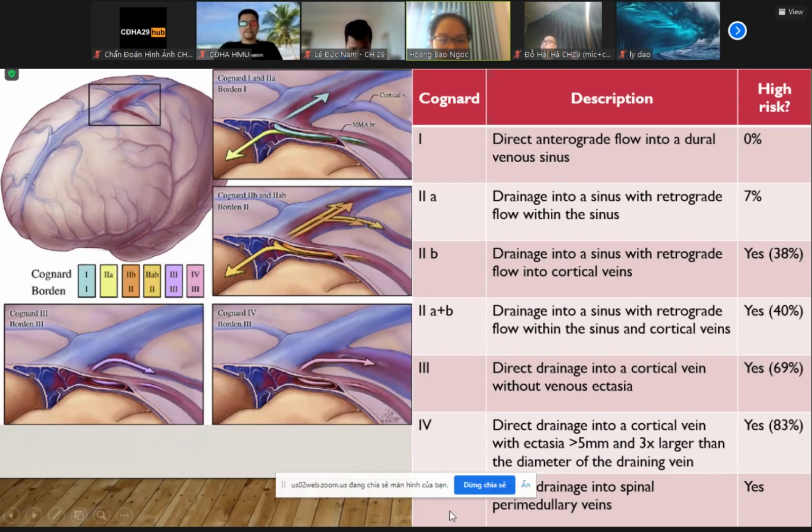And for type 5, there's a direct drainage into the spinal perimedullary veins. Studies have reported that higher grade patients will have higher rates of suffering from aggressive symptoms like hemorrhage or non-hemorrhagic neurological deficits.